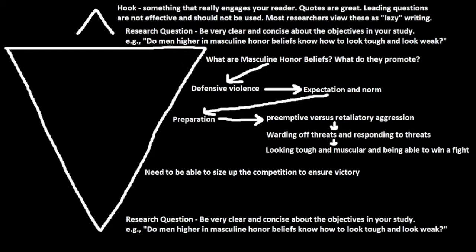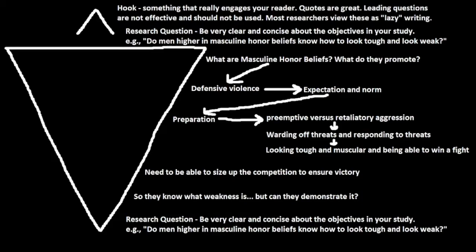So we talk about how they're able to size up the competition, make sure they're actually going to win that fight, because in cultures of honor, if you lose a fight, that reflects pretty poorly on you.